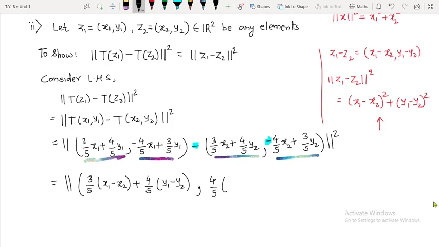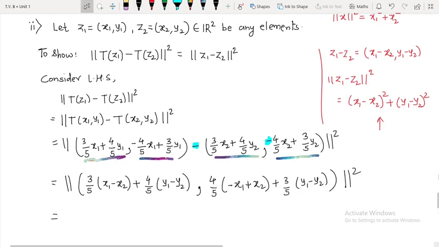Inside the bracket here comes minus x1 and here comes minus, minus minus will be plus, so it will be plus x2, and plus 3 upon 5, this is going to be y1 minus y2. This is our second coordinate of a point in R2.